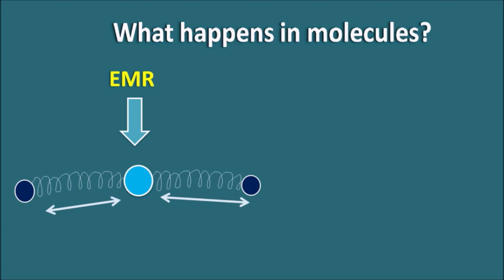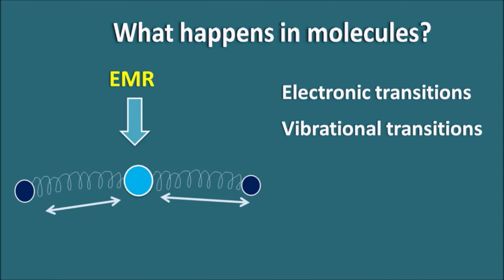One of the transitions is the electronic transitions, where the electron can jump from a low energy state to a higher energy state. And the second type of transitions are the vibrational transitions. As the chemical bonds are not fixed and they are highly flexible, when the electromagnetic radiation falls on this molecule, the bond length may be either increased or decreased.